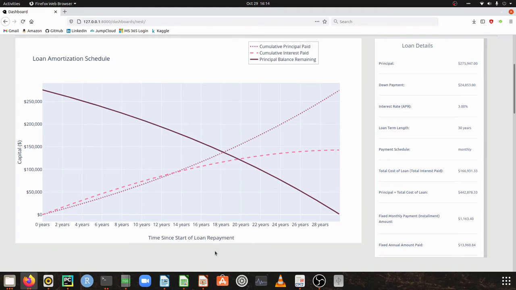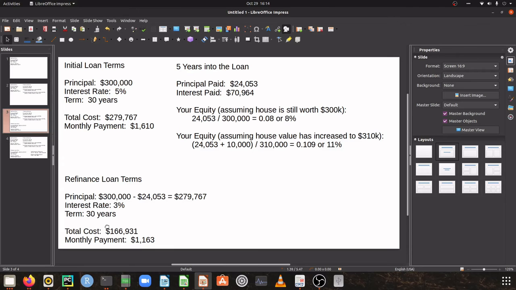You should write these numbers down. So let's go back to our pad and record those values. So you can see here that for the refinanced loan, your new total cost over the lifetime of the refinanced loan is $167,000 approximately. And your monthly payment is now roughly $1,100.